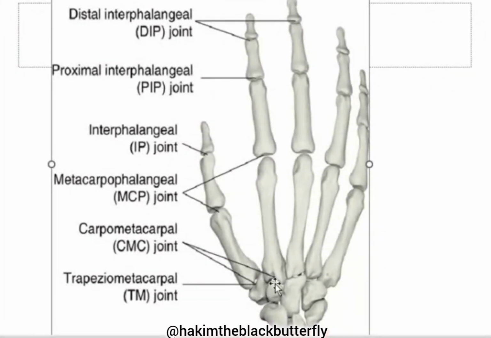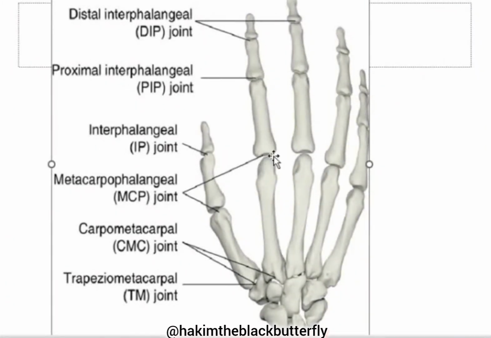So we have the intercarpal joints. Then we have the carpometacarpal joints. Then we have the interphalangeal joints. These are the interphalangeal joints because they are in between the phalanges.